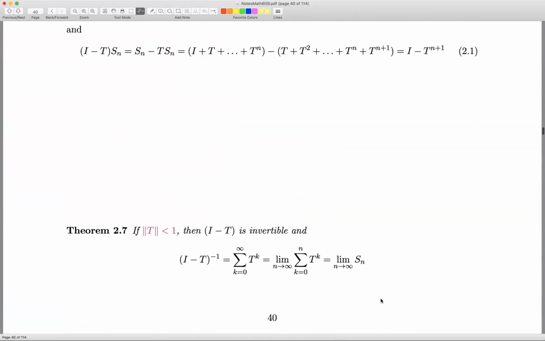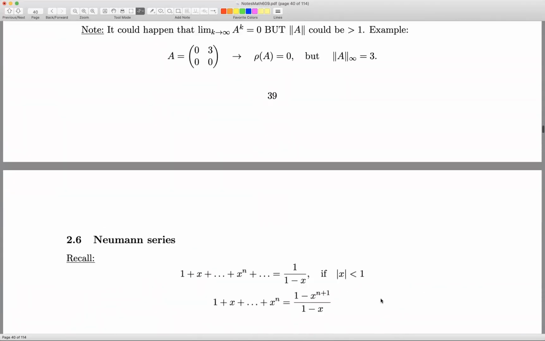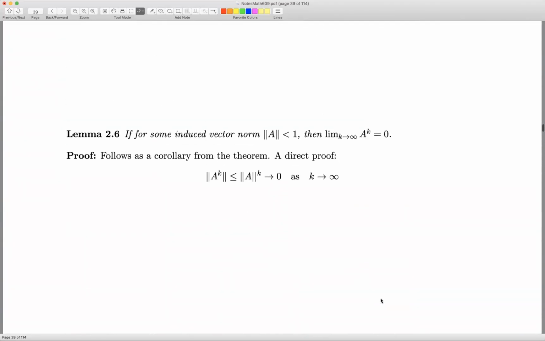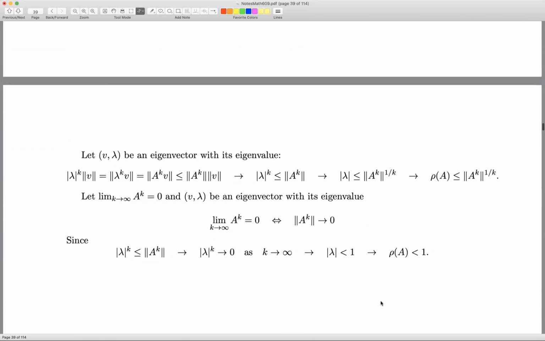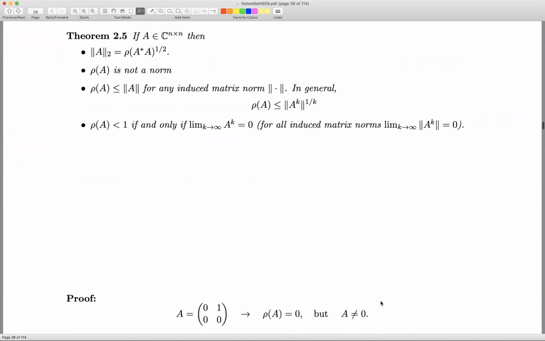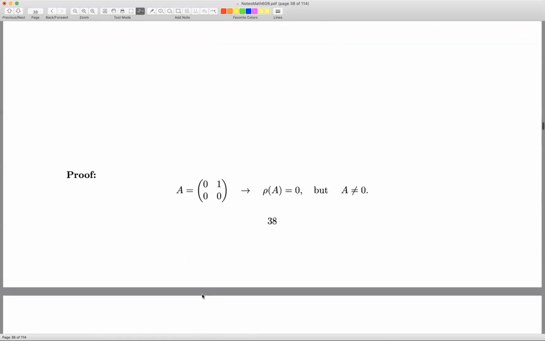And if you go back through your lecture from last time, or even from the time before the last time, when we discussed spectral radius, we showed the formula that the spectral radius of every matrix is less than or equal to the norm of the kth power of this matrix, raised to power 1 over k.